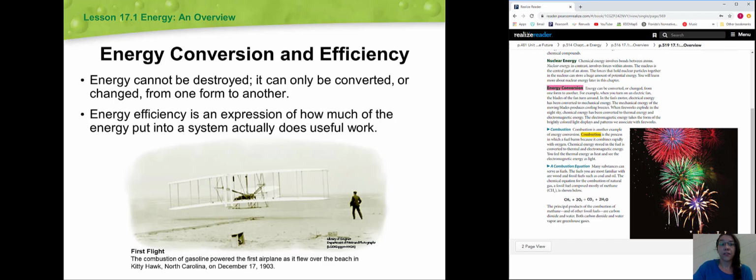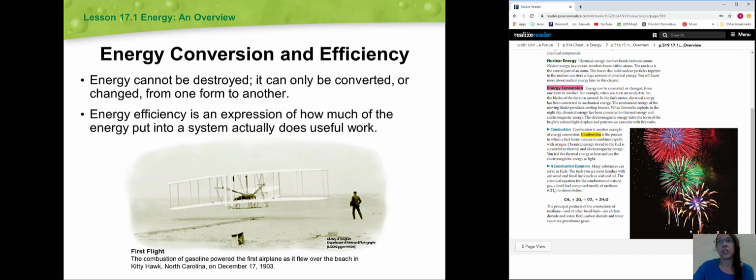So we have combustion. As we see in the image on the PowerPoint, combustion of gasoline was used to power the first airplane as it flew over the beach in Kitty Hawk, North Carolina on December 17th, 1903, that we covered at the beginning of the chapter.